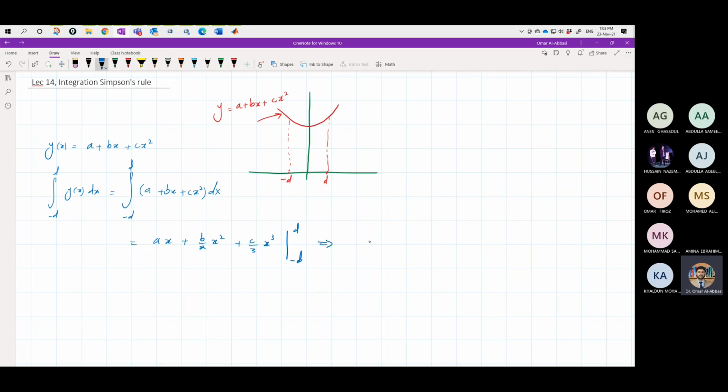So let's evaluate that. That is a times d minus minus d for that term, plus b over 2 times d squared minus d squared, correct?